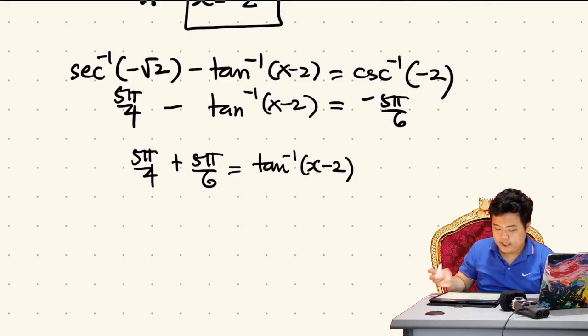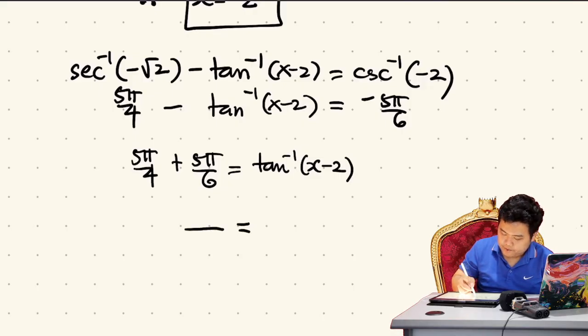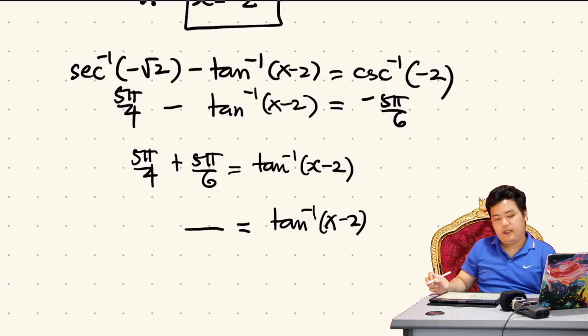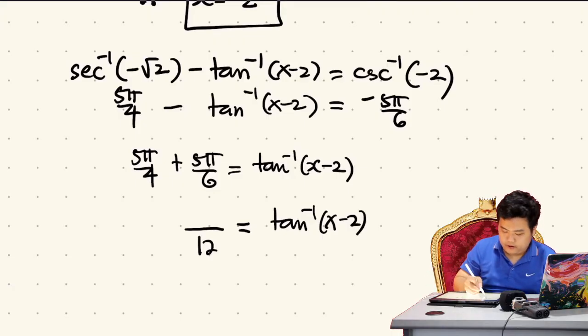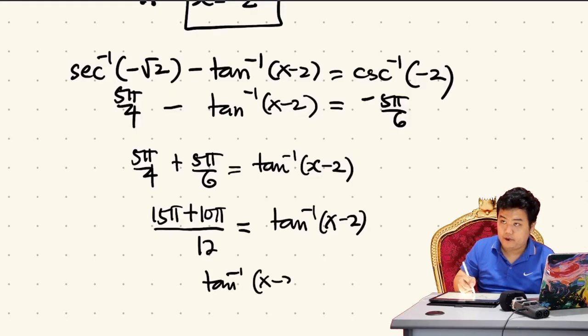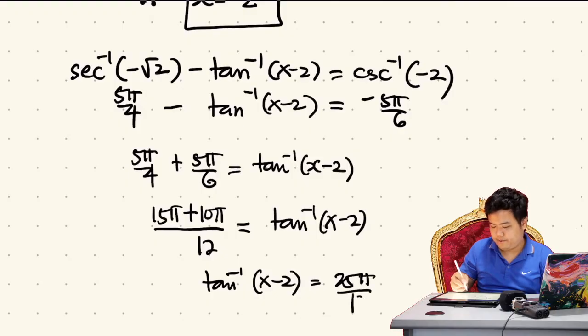Okay, so anong lalabas dito? The LCD is 12. So, times 3, 15 pi, 10 pi. So, tangent inverse of x minus 2 is equal to 25 pi over 12.